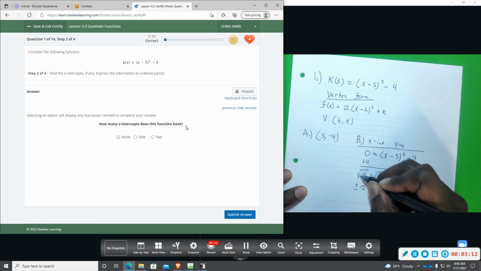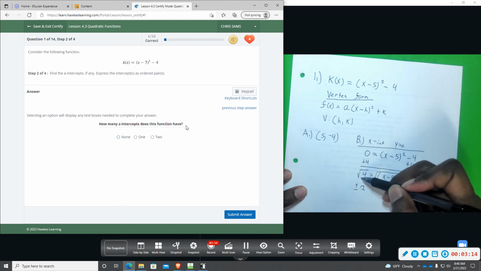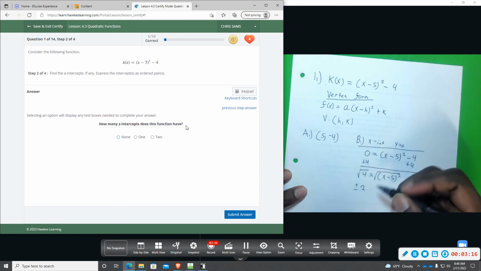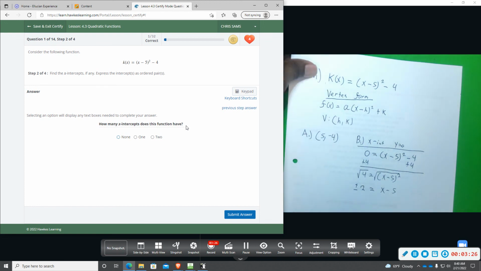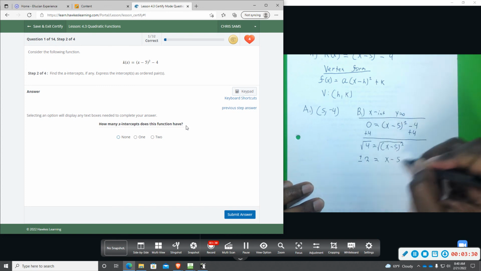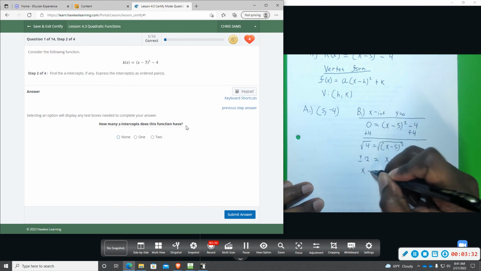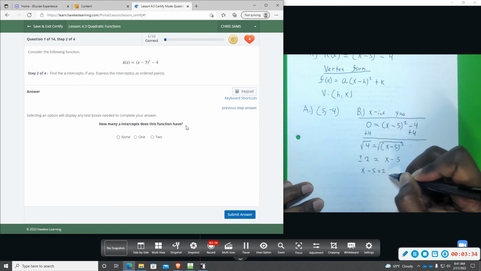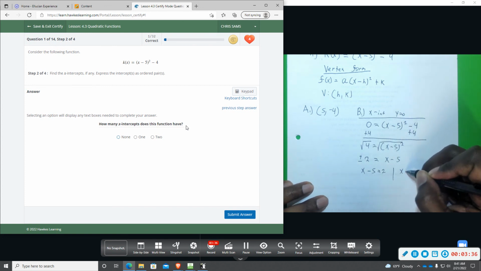So that's the thing you've got to remember. When you take the square root of a number, it's plus or minus, and then we just lose the squared, and we get x minus 5. All right, so we're going to get 2 solutions. I'm just going to write it the other way. We're going to have x minus 5 equals 2, and then x minus 5 equals negative 2.